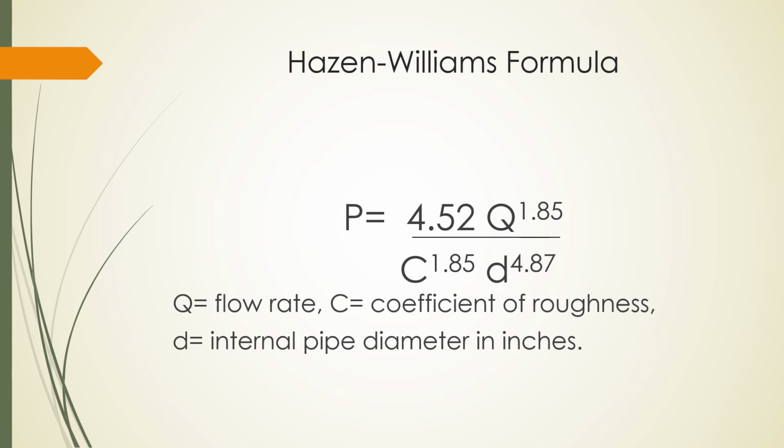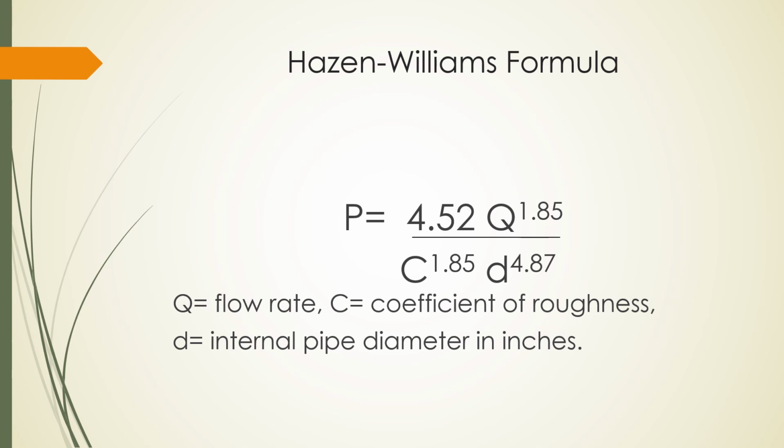For instance, a flow of 2, you square that, that's 4. Not a dramatic increase, but you square a flow of 20, it becomes 400. So Q is going to be an important consideration in determining the overall friction loss.